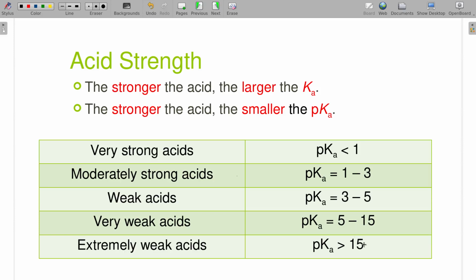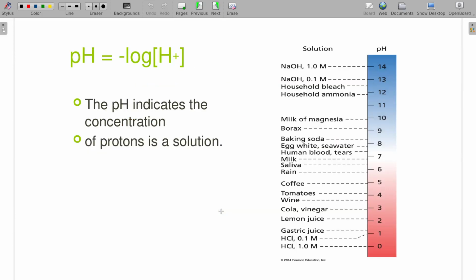We didn't go out above that because really above that, those are things that aren't really acids at all. They might have acidic-like properties, but they basically don't go forward enough to make it worthwhile to call acids. But that was our range. We had that 1 to 15, and that was our entire weak acid range. All right, we're going to expand on that some as we get into here.